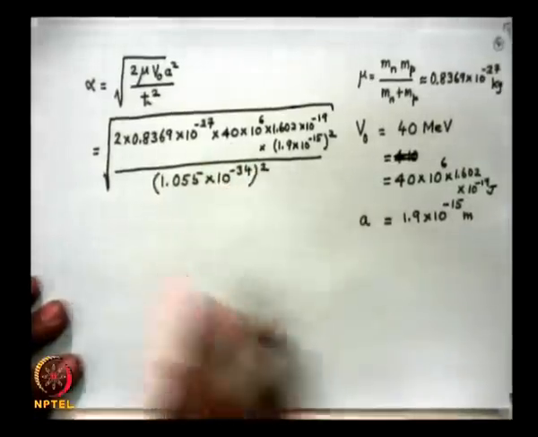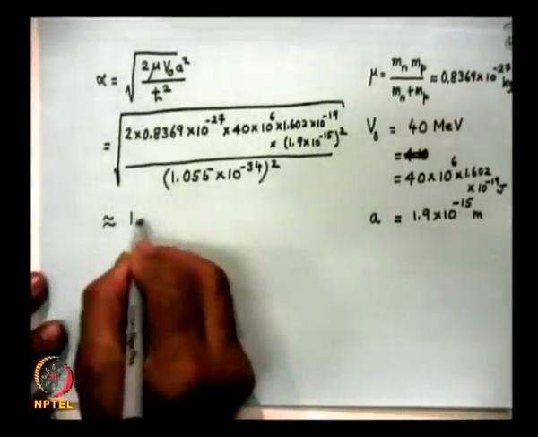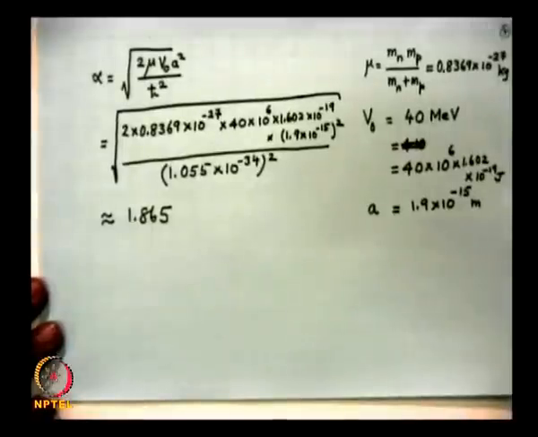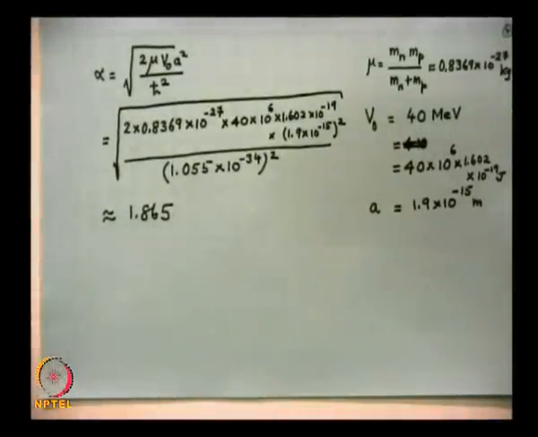If you do this very simple calculation, then this comes out to be approximately 1.865. Alpha is 1.865. So, for the neutron proton problem, this is an approximate calculation. So, alpha is about 1.865.